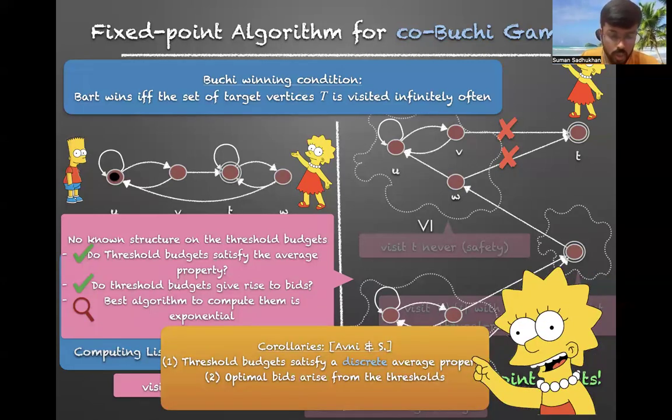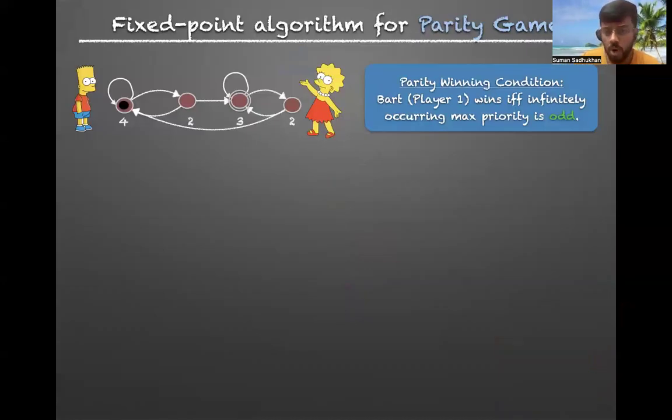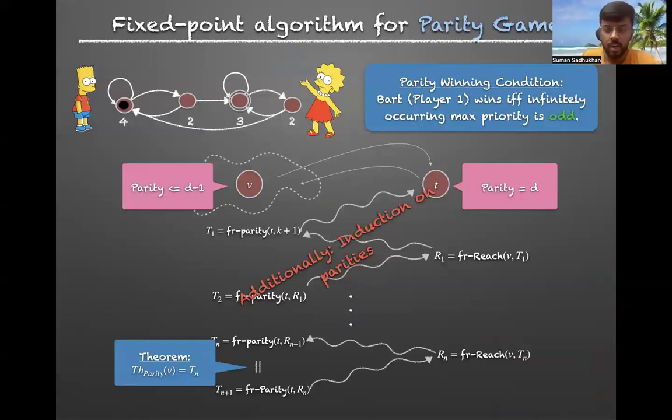But we move on to parity games, which are a generalization of Buki games, in the sense that we have the game graph, and each vertex is now associated with some priority, and BART wins if and only if the infinitely occurring max priority is odd. And for parity games also, we have a fixed point algorithm like we had for Buki games.